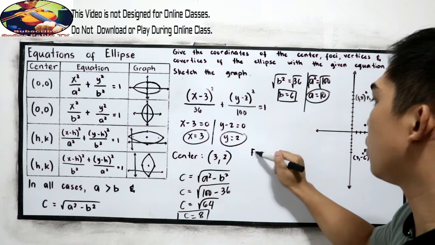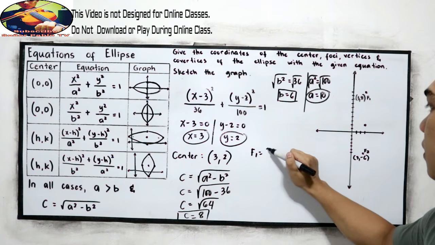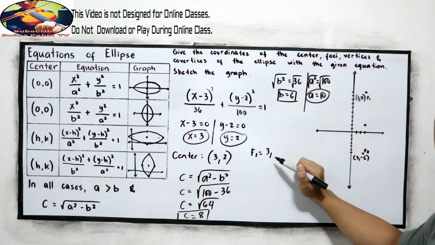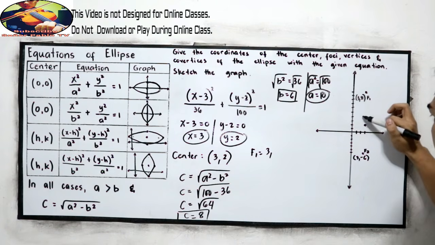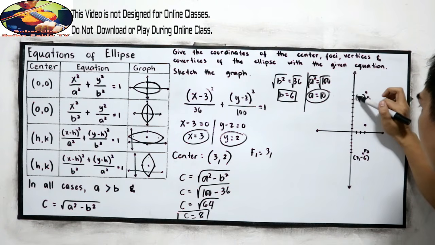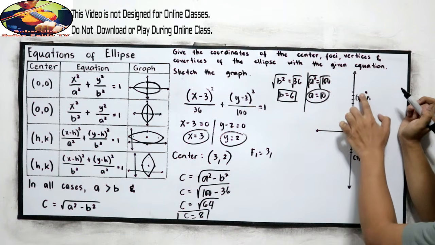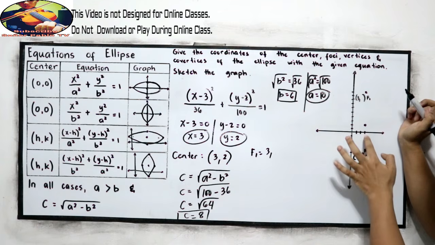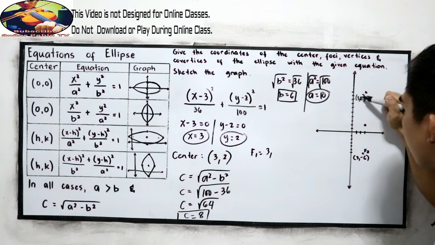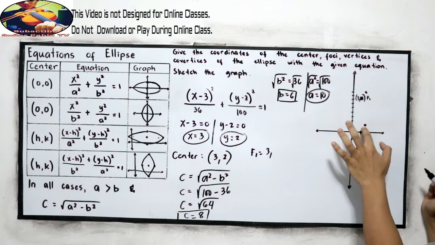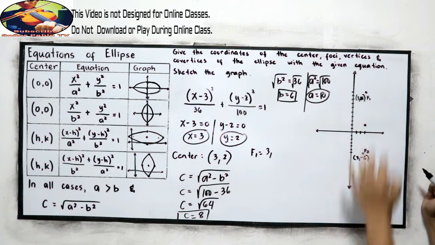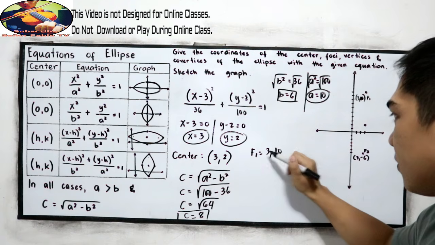So f sub 1 is 3, 1, 2, 3, 4, 5, 6, 7, 8. So our coordinates for f sub 1 must be 3, positive 10.